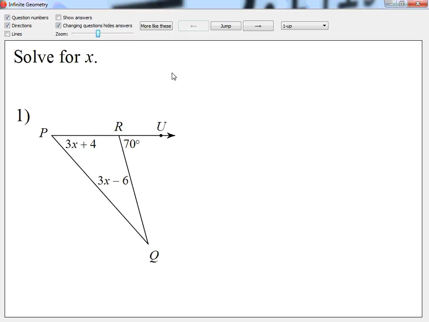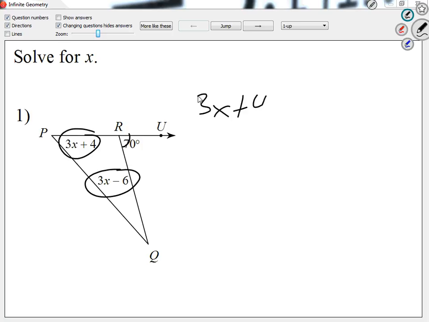Solve for x. I notice there's an exterior angle and there's two interior angles. And we talked about earlier that the exterior angle is equal to the sum of the two interior angles. So the way I'm going to solve for x, I'm going to go 3x plus 4 plus 3x minus 6, adding the two interior angles, and this is equal to 7.